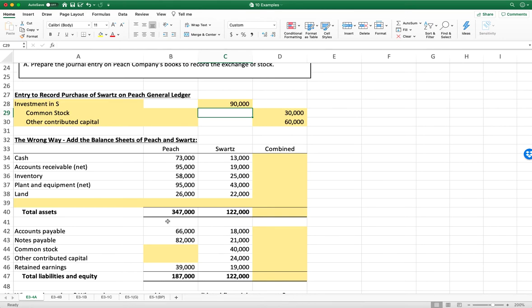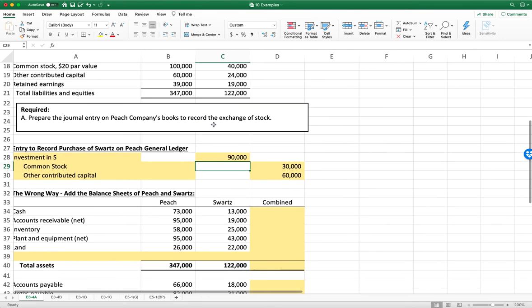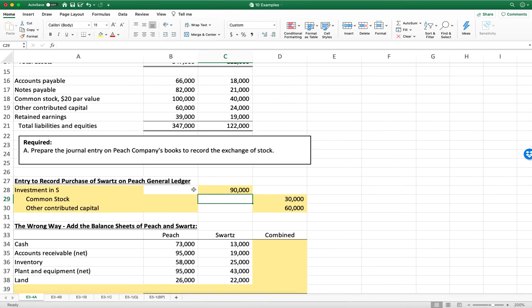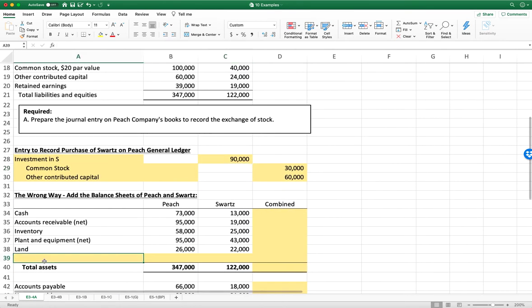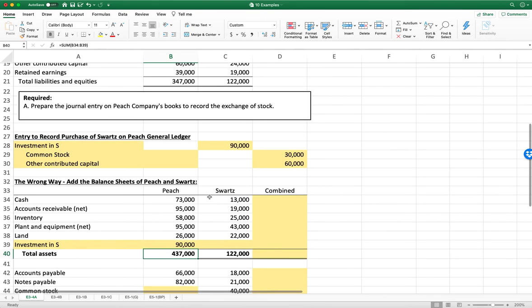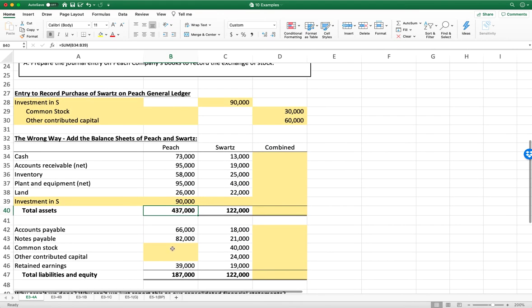So the first thing we're going to do is adjust the balance sheets that they gave us for this new entry we just recorded. So we created a new account called Investment in S, and we debited $90,000, which would increase that asset by $90,000. We also made entries to common stock and other contributed capital.